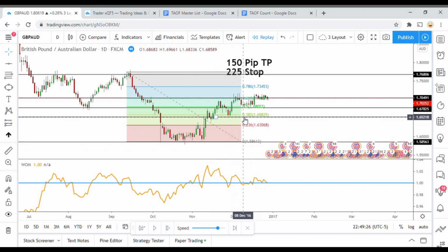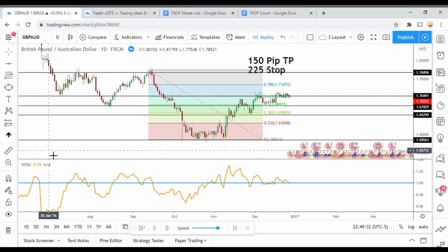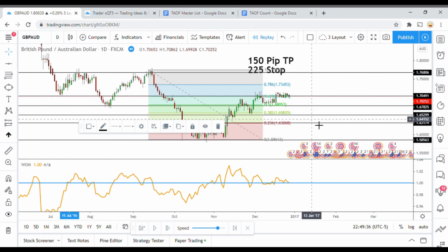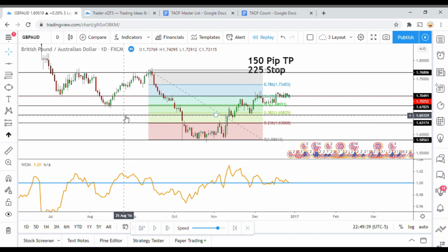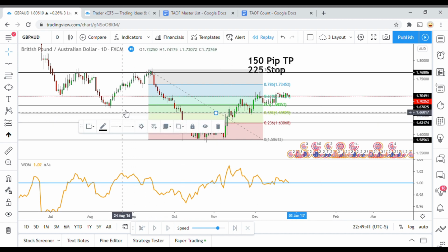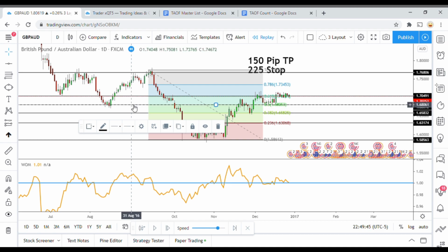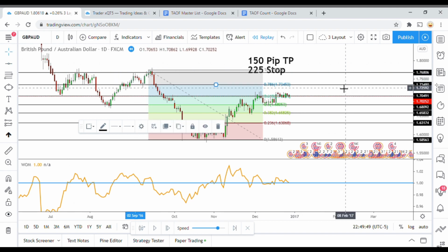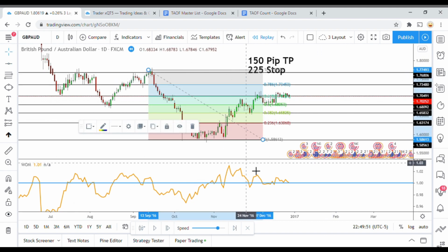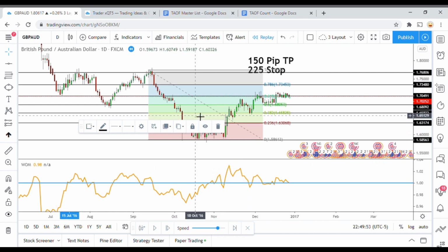We have this one here that is really close to the 0.382. And then what you can do is go in and drop support and resistance lines right on each of these levels, like that. And then one more right there.